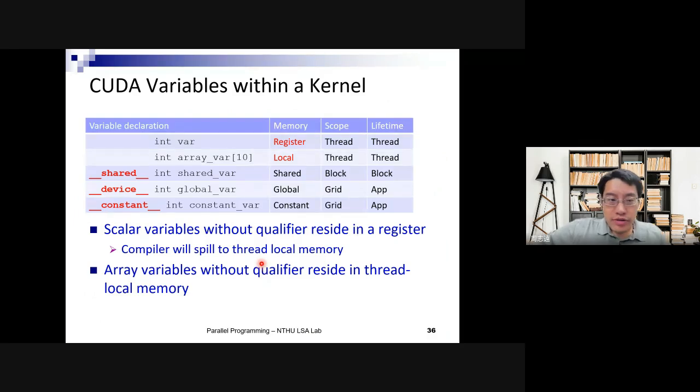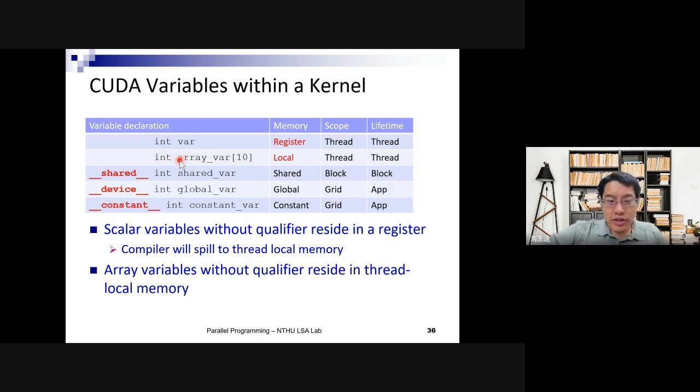All right, to summarize, you can see this is all the ways we can declare a variable in our kernel function or on the GPU. If you write nothing in a kernel function when you declare a variable, then it's supposed to be stored in a register, unless you have a spilling problem.